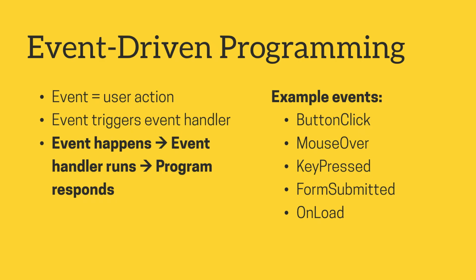When an event happens, the program triggers a piece of logic called an event handler, and this is code that responds to the event. Examples of events would be a button click, a mouse over, key press, form submitted, unload. So in simple terms, an event happens, then an event handler runs, and then the program responds.